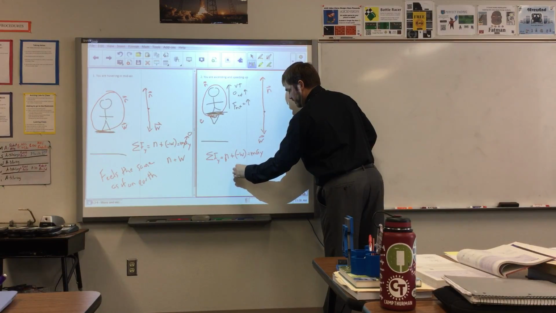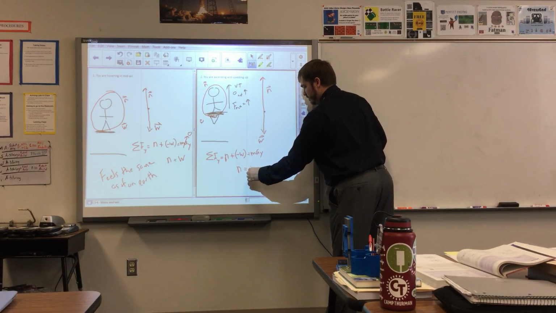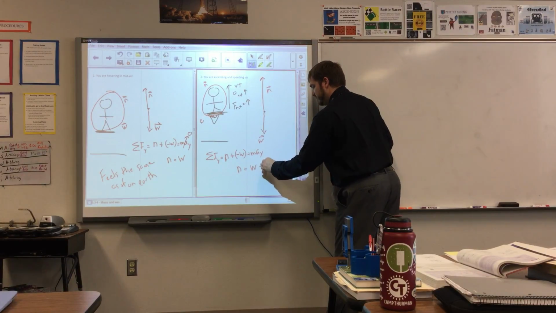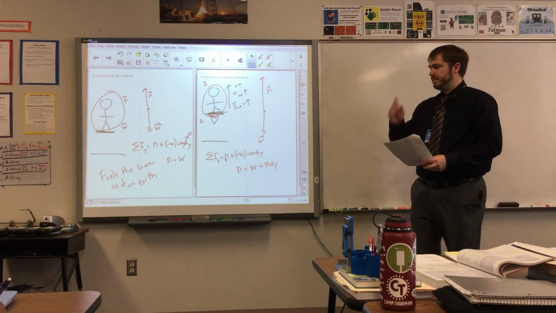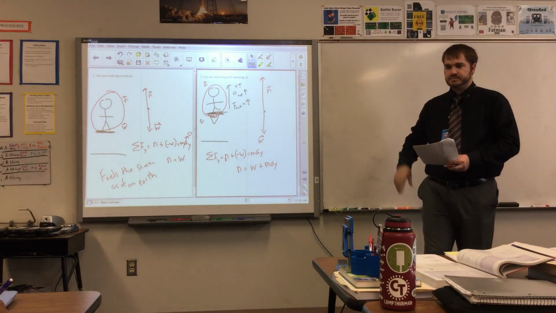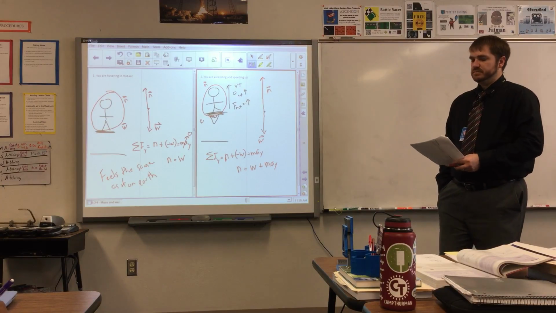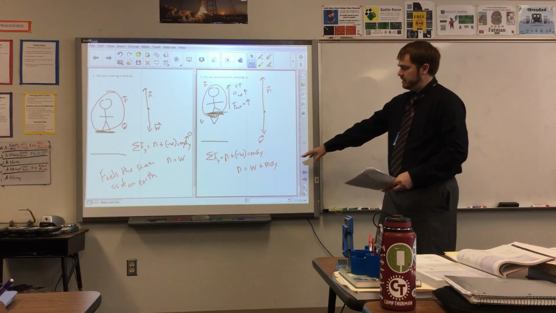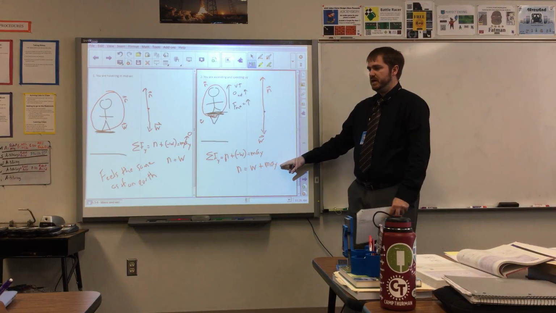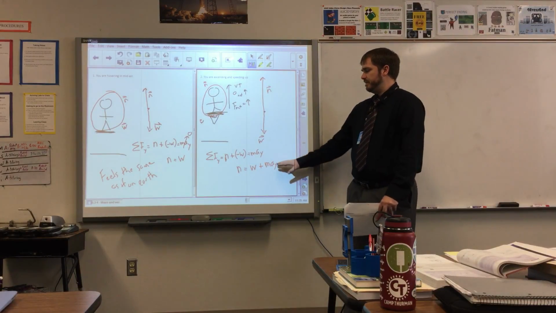Solving for the normal puts weight plus mass times acceleration in the y direction on the other side. So compare that, N equals W plus ma, with this situation over here, normal equals W.